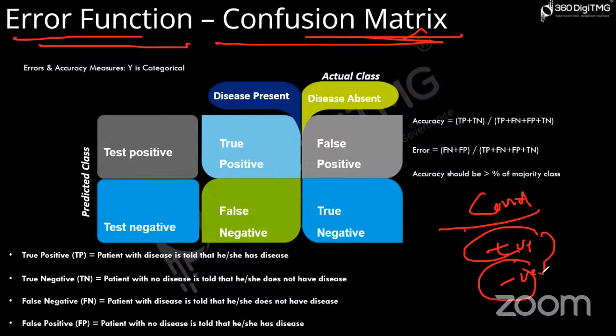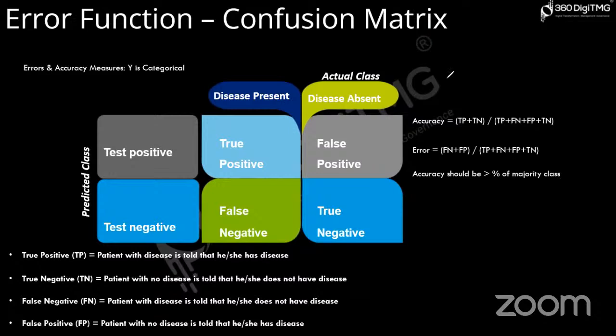These two we call classes. How many classes have been correctly classified, and how many misclassified? That data will be available in the confusion matrix.